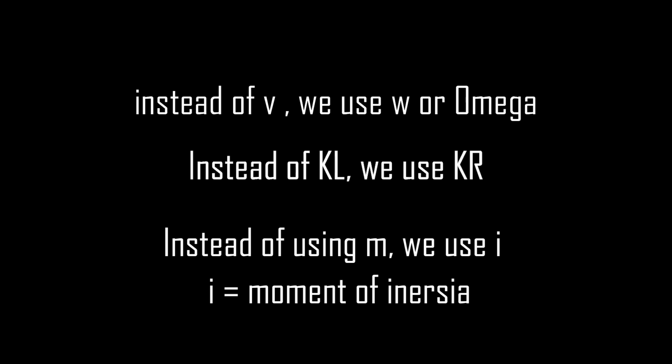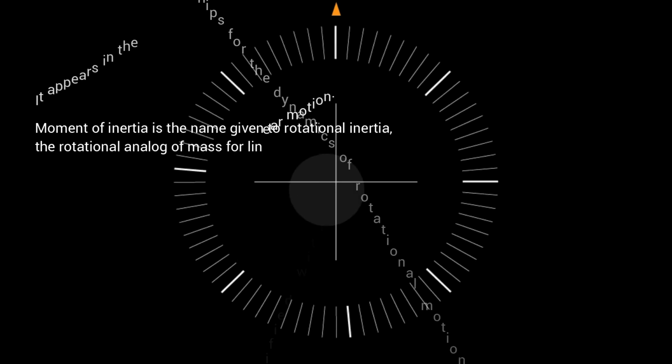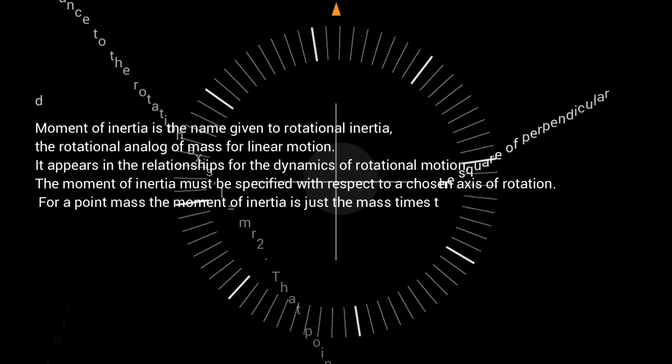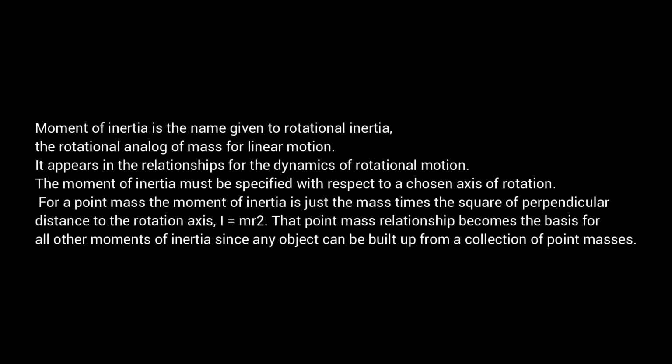inertia. Moment of inertia is the name given to rotational inertia, the rotational analog of mass for linear motion. It appears in the relationship for dynamics of rotational motion. The moment of inertia must be specified with respect to a chosen axis of rotation.